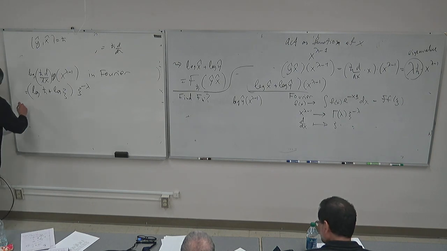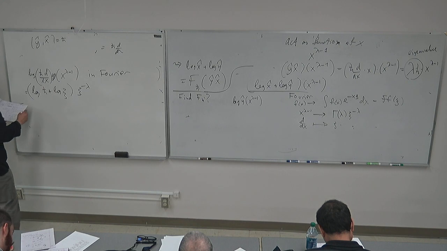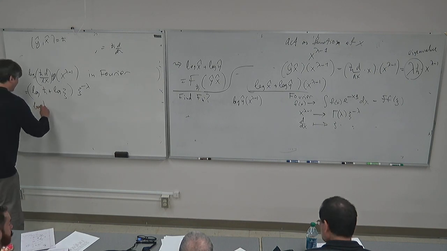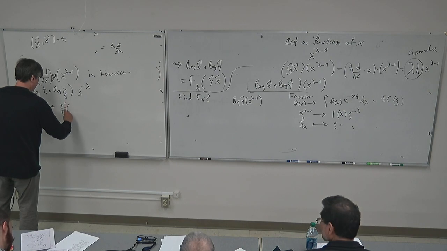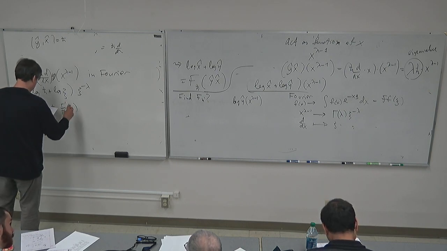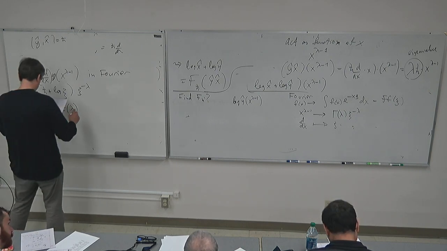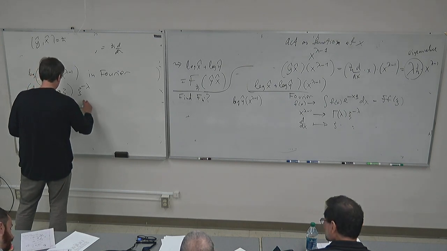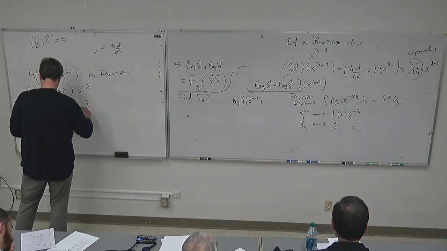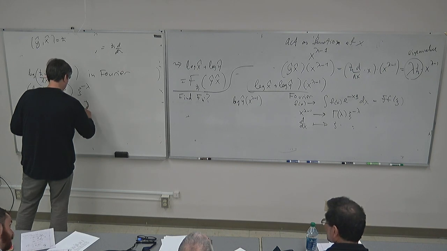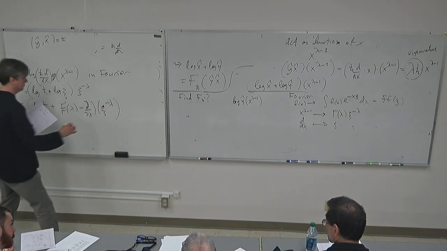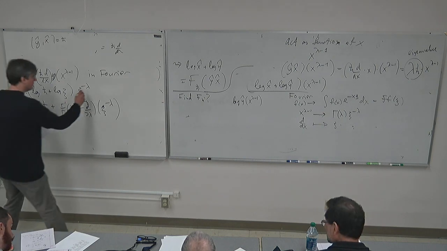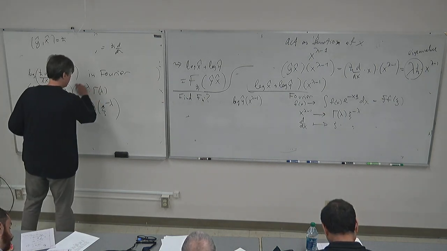Now we can write this as log h bar plus gamma prime over gamma at lambda, minus d/d lambda, of xi to the power minus lambda times gamma of lambda.